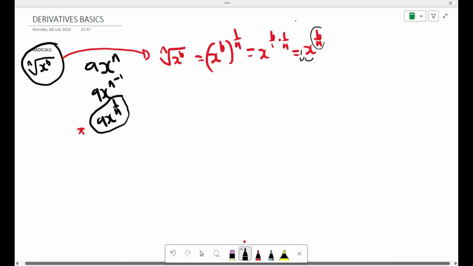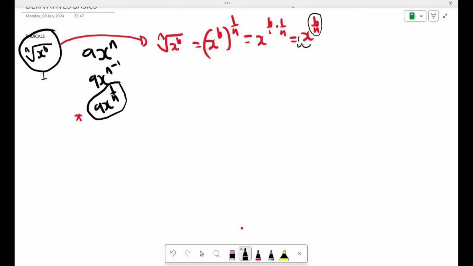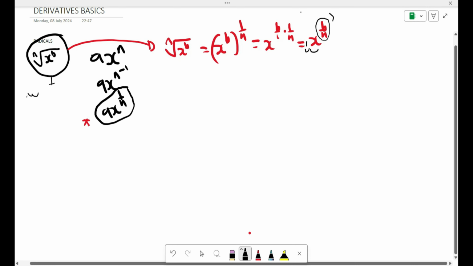Once it's like this, we can start to differentiate. But while it's in the form of a radical, we cannot differentiate. So the aim is to get it to this form, and then once it's in this form, we are done.